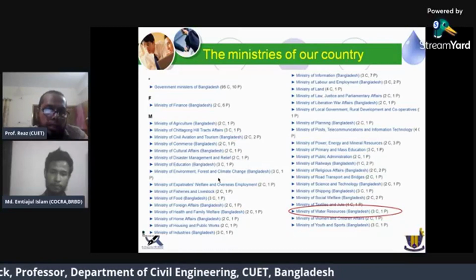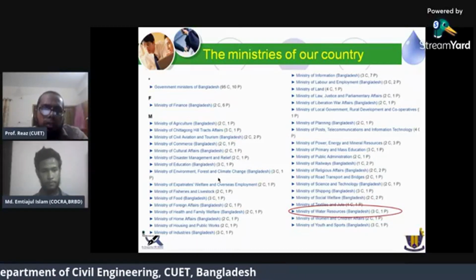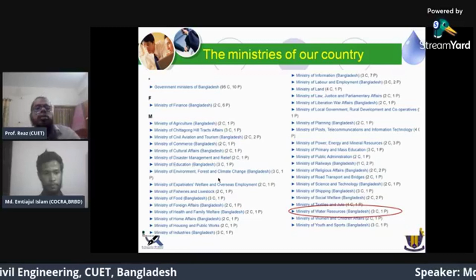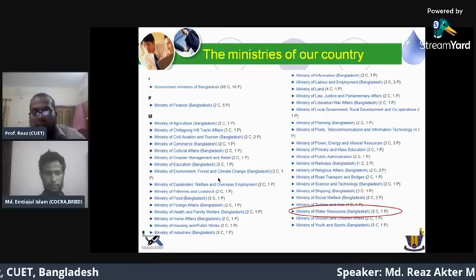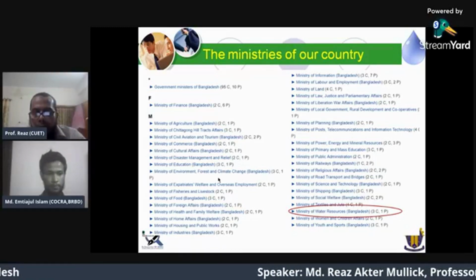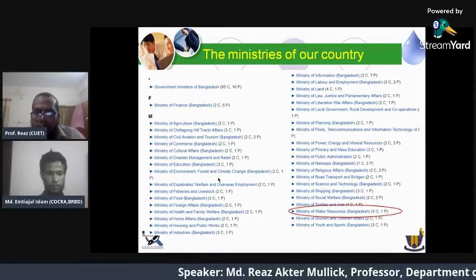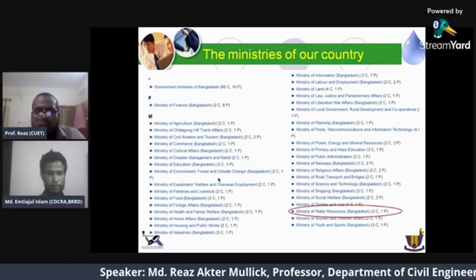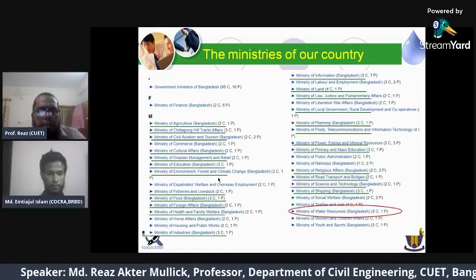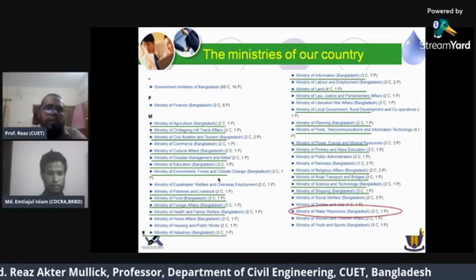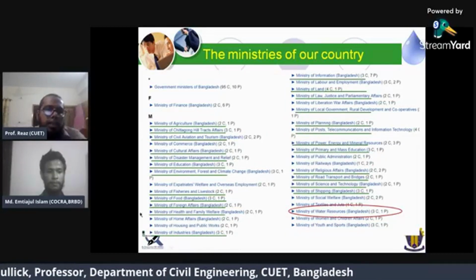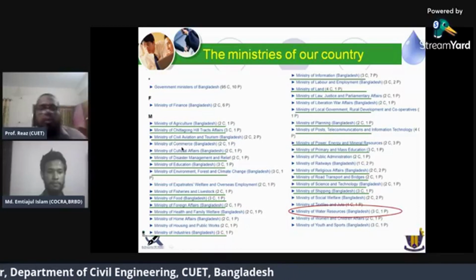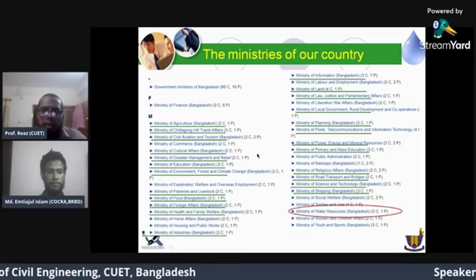Even the foreign ministry is dealing with a lot of water resources issues nowadays. Not only nowadays, from the beginning of Bangladesh history, with India and Bangladesh, there is the water sharing issue. So all these ministries are related with water resources.